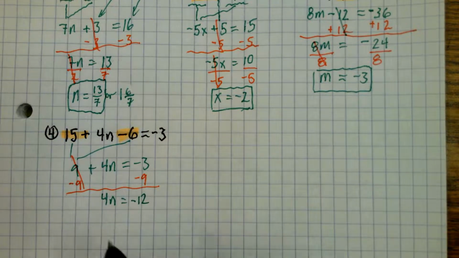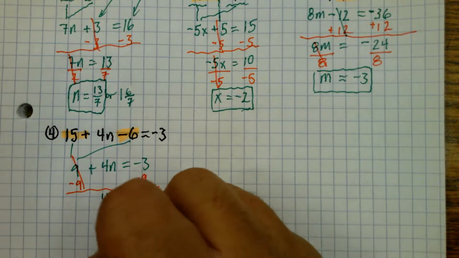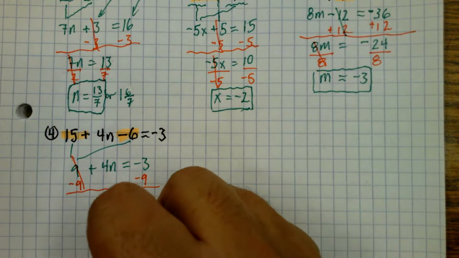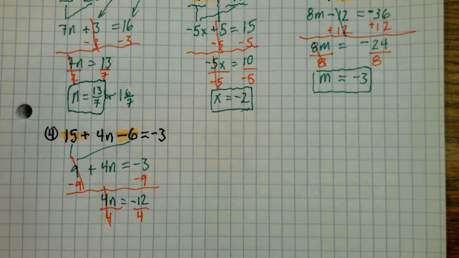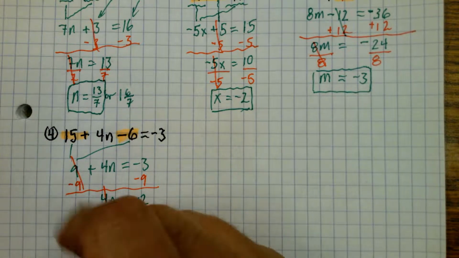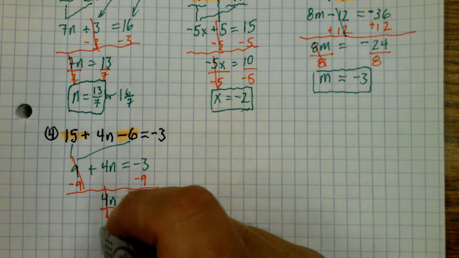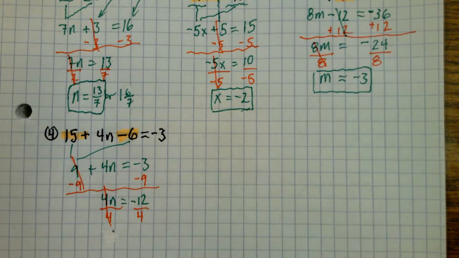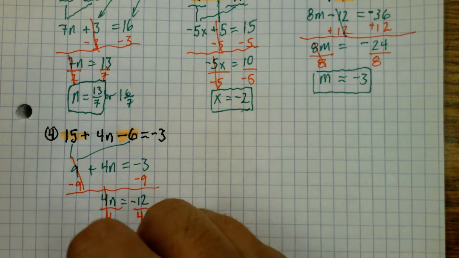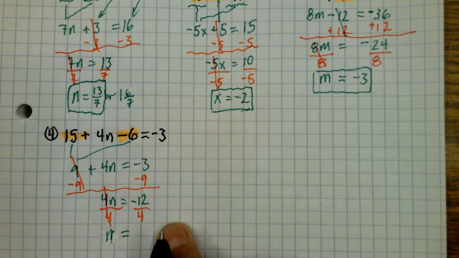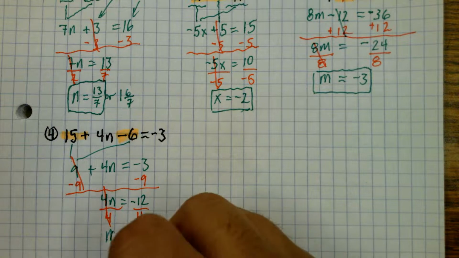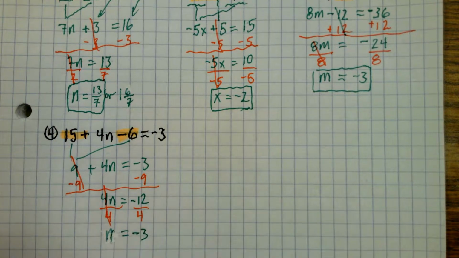And now I have to get rid of this 4. So I get n equals, oops, started making it an m. How many 4s go into 12? So -3. I mostly saw -3s, by the way, so very good.